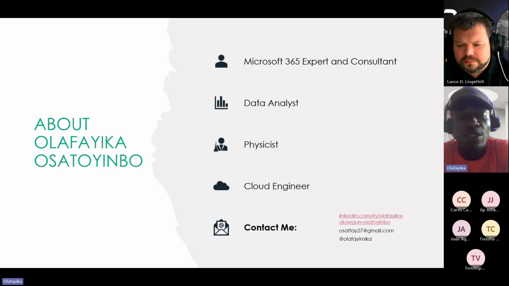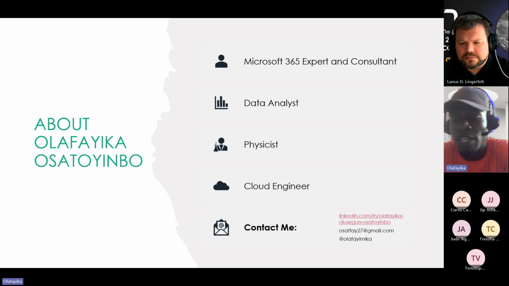I'm a Microsoft 365 expert, a data analyst, a physicist by degree and a cloud engineer. That's my contact on the screen. You can reach me via LinkedIn, email, and social media.